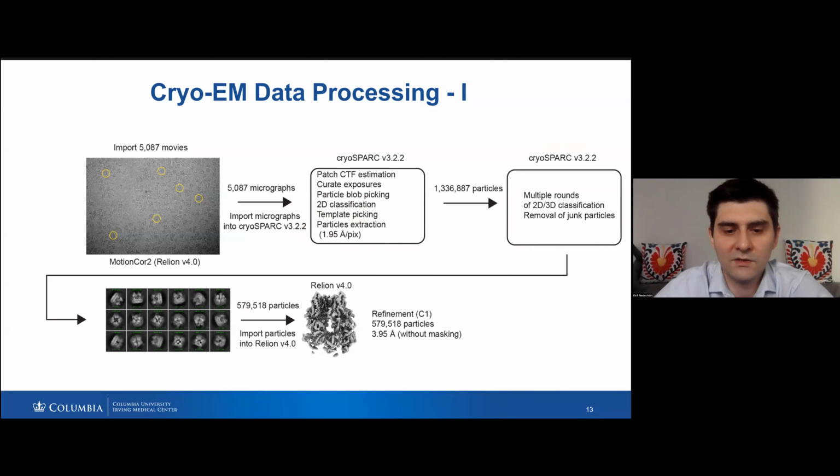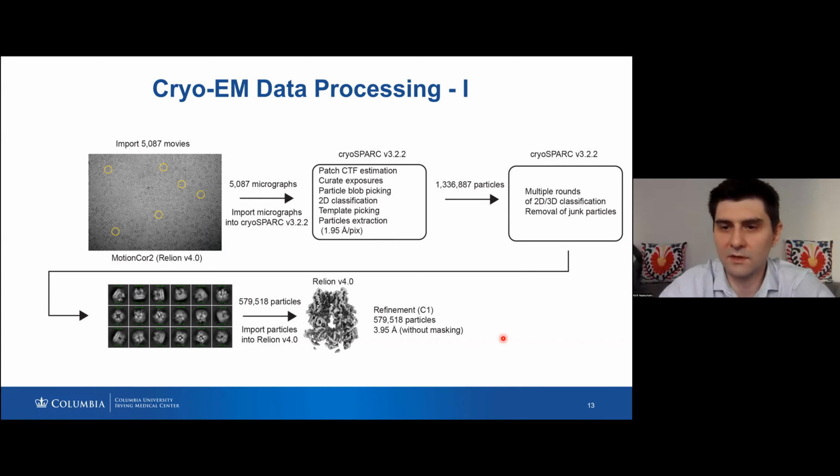After that, I do multiple rounds of 2D and 3D classification to remove junk particles, again in CryoSPARC. Why do we do this? Because it works way faster for us in CryoSPARC than in Relion, and we also rely mostly on 3D classification to remove junk particles, because we end up with more views in the classification.